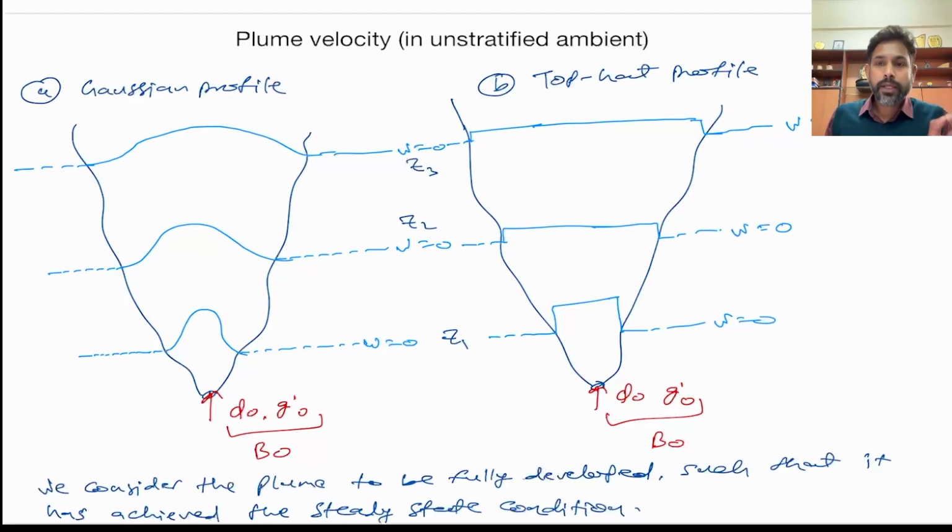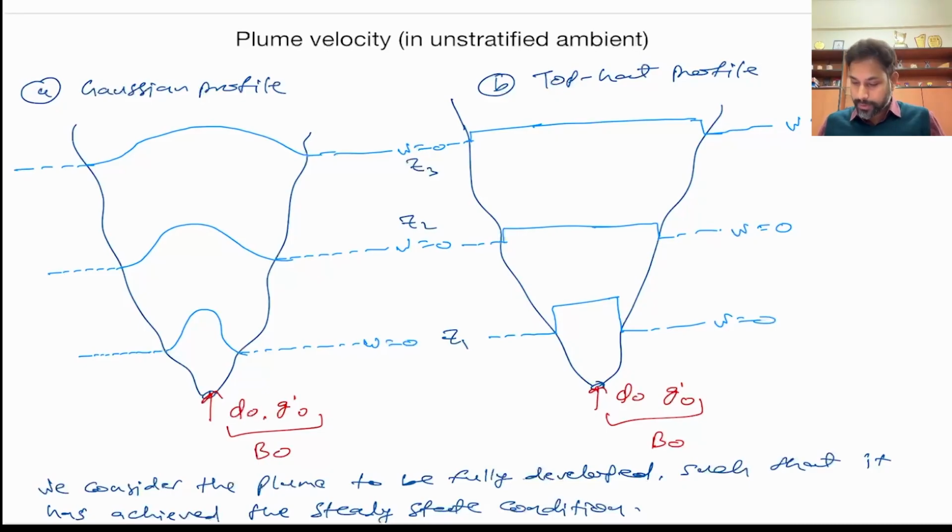By fully developed we mean that when we start injecting, the plume starts developing, but if you continue injecting dense fluid for a long time, the plume will have risen already, and the differences we see are only at the top, at the other end of the plume. Here the plume profile is fully developed and it is not going to change; it will remain the same with time. So that is the steady state plume.